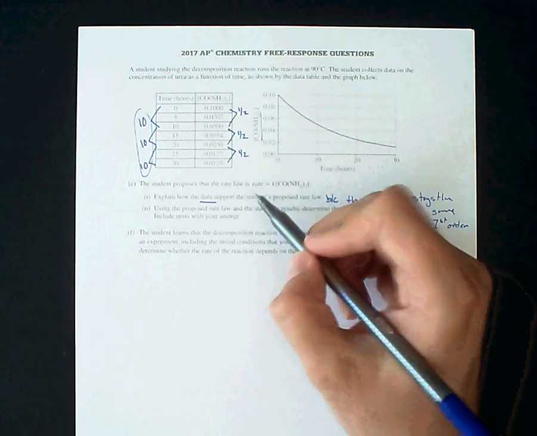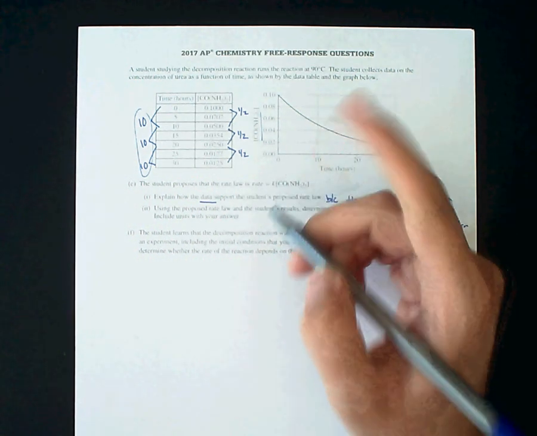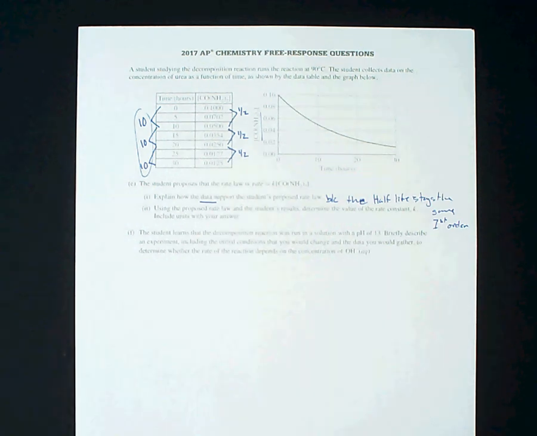Well, we don't know the rate, so we can't use this in order to determine that. But on your equation sheet, there is an equation that's given to you that is going to help you do this.